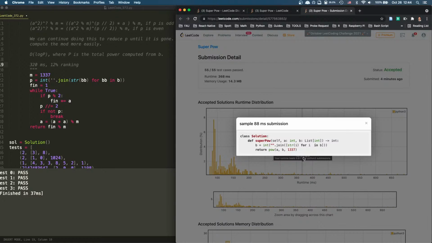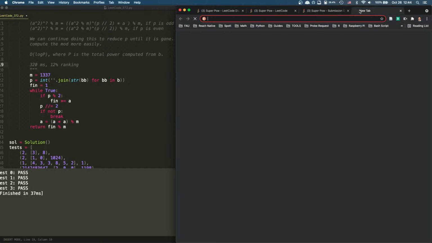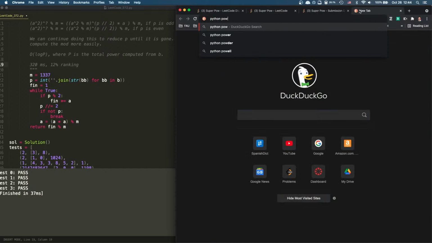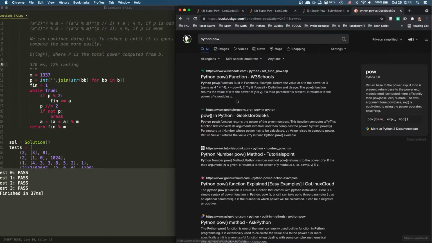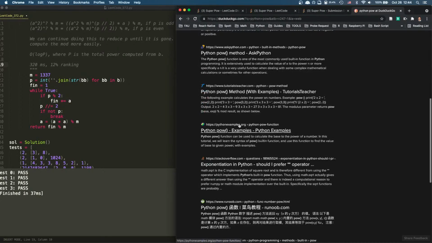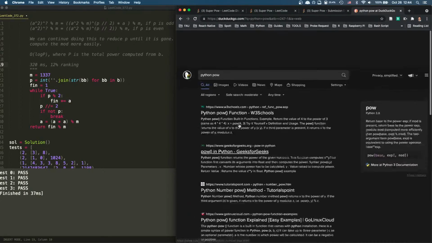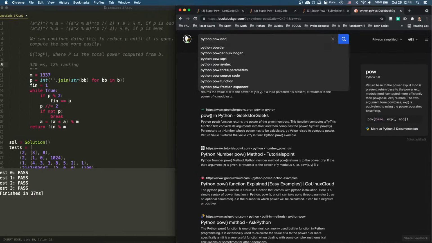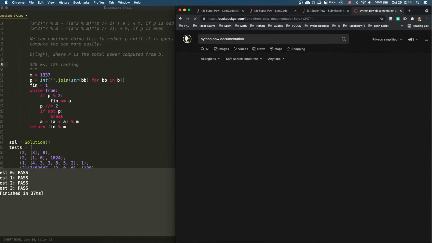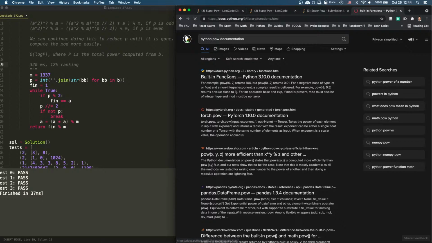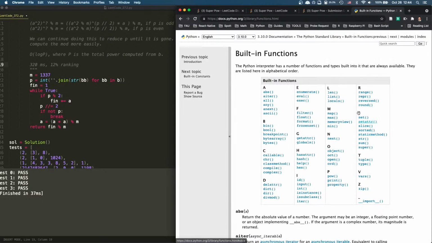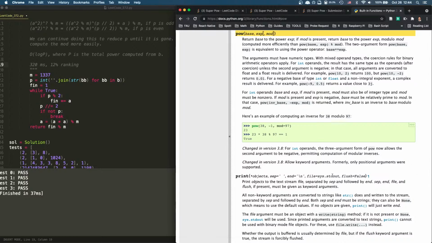But this just pow a, b and 1337. What is that? Python pow. Read the documentation. Where's the documentation for this? It's a built-in function. pow: return base to the power exp.